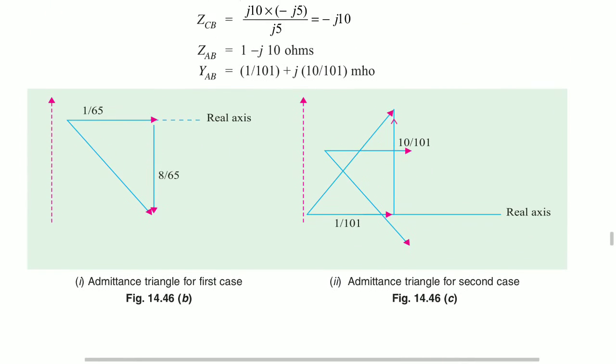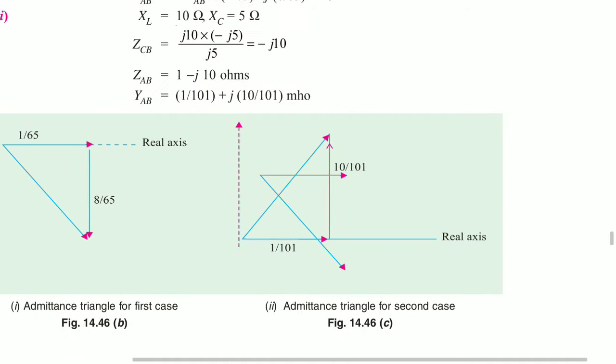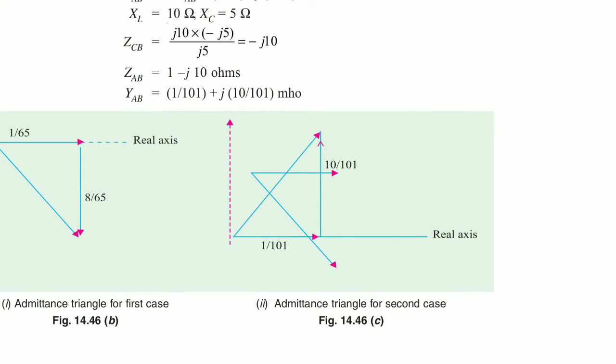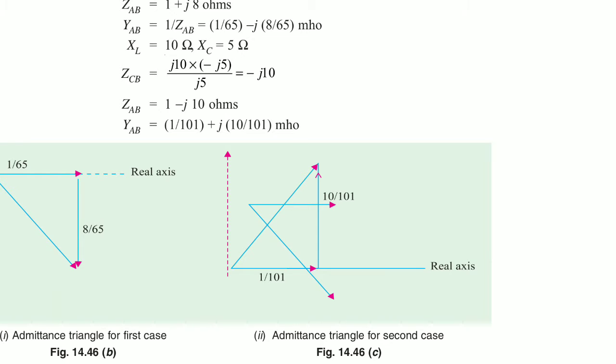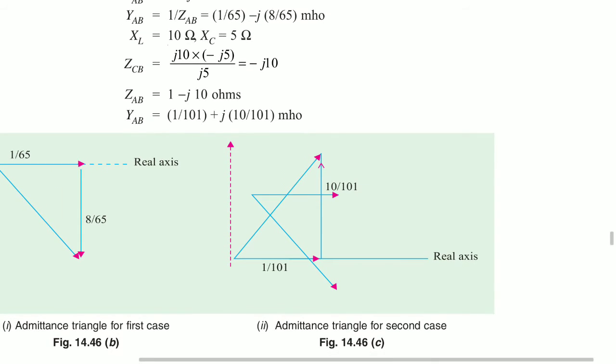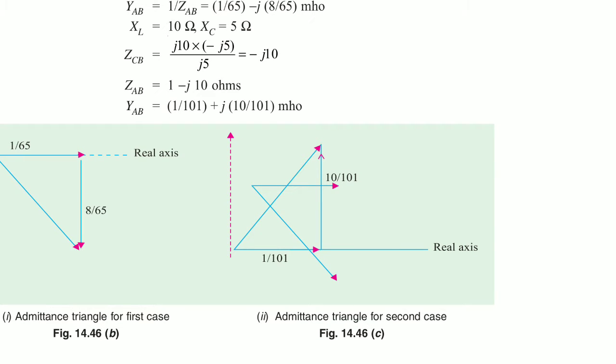For the second one, in the admittance triangle, on the real axis the conductance is 1 by 101 and the susceptance is 10 by 101.